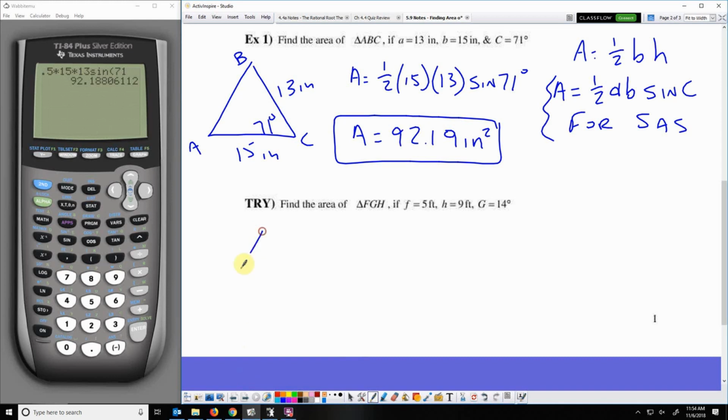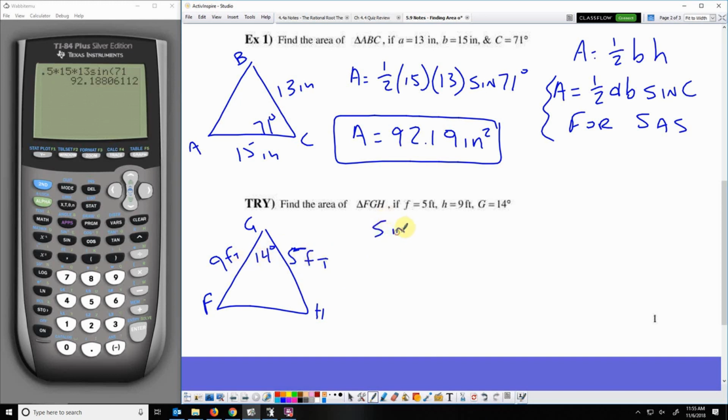Okay, so we'll do another one. Triangle FGH. Side F is 5 feet, H is 9 feet, and G is 14 degrees. Okay, so once again we have side angle side.